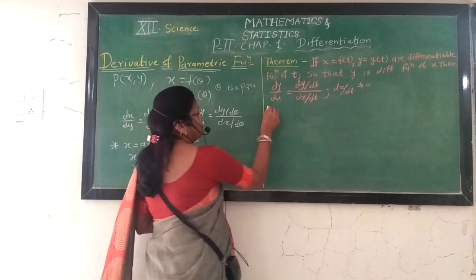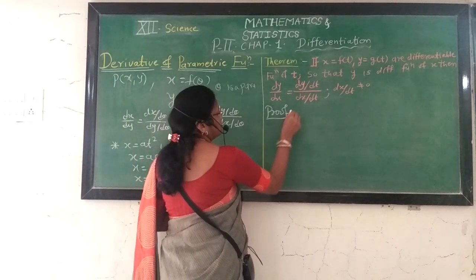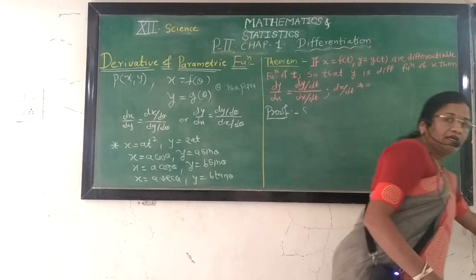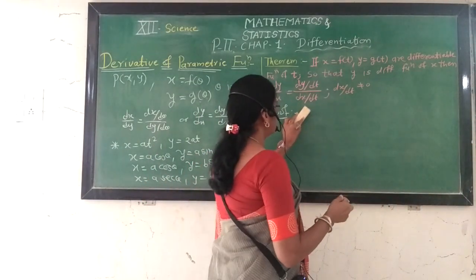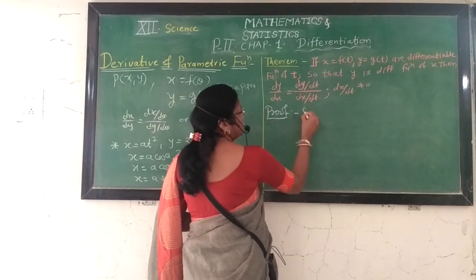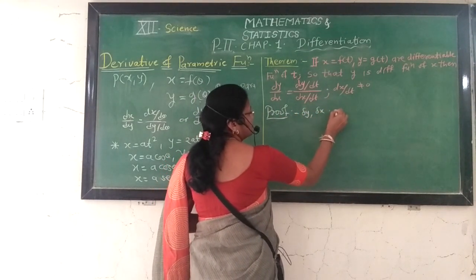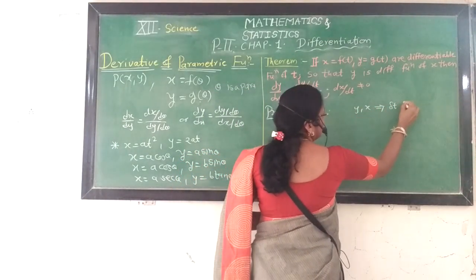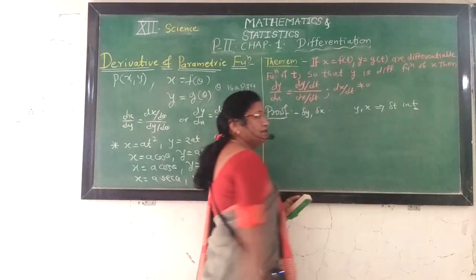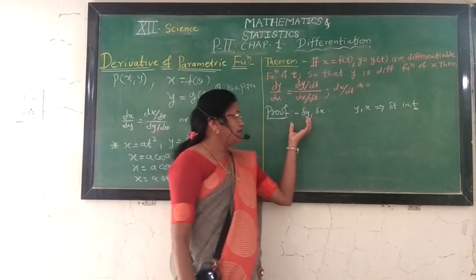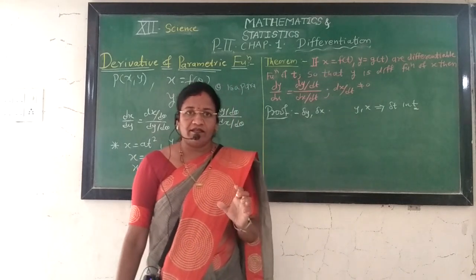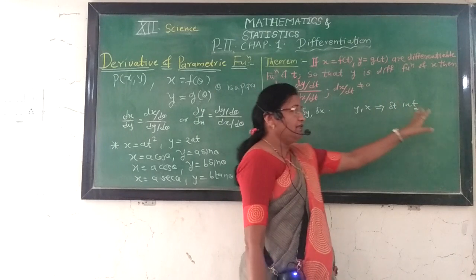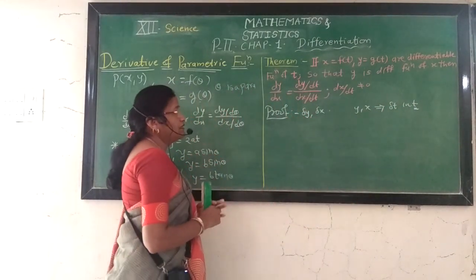For this we take incremental ratios delta y by delta x. Delta y and delta x are small increments in y and x corresponding to the increment delta t in the variable or parameter t.